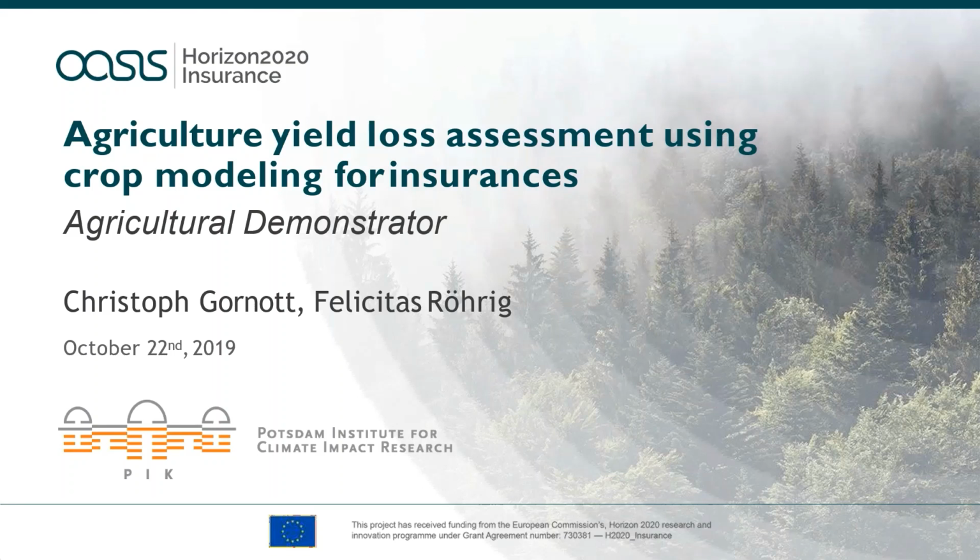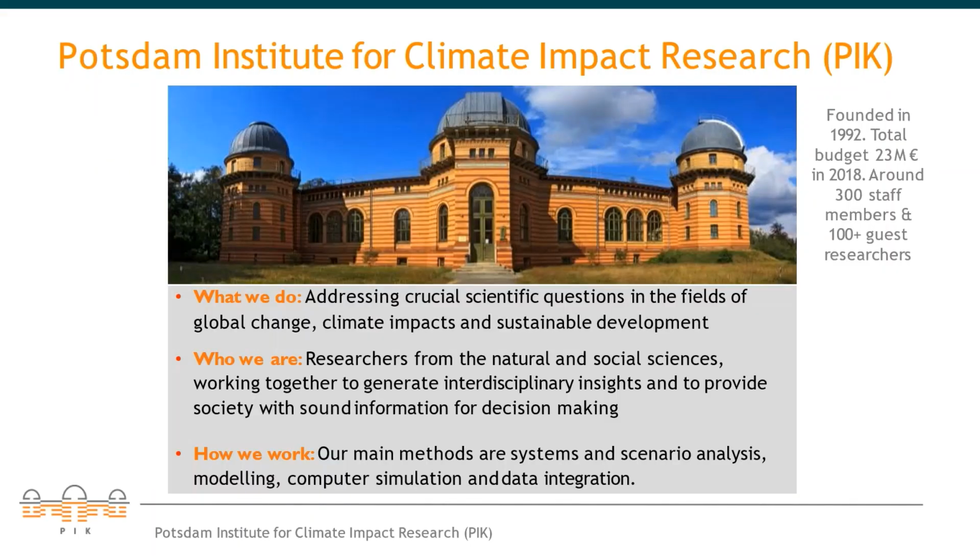As I already said, we are working at the Potsdam Institute for Climate Impact Research. It's based in Potsdam, Germany. And we are a research institute dealing with crucial questions about climate change in every direction and every sector, like the transport sector, agriculture, water, health, energy, and so on.